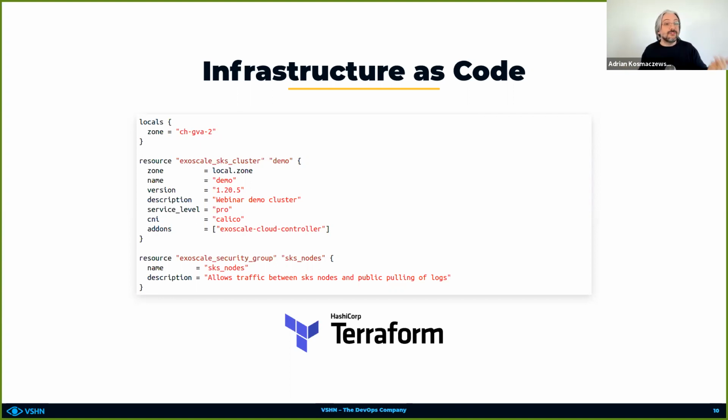As you can see, it's running in the Switzerland Geneva zone, and it's a cluster named demo, and there's a couple of security rules, and there's a node group, so basically we can have some virtual machines attached to the cluster, and everything is configured for us. But all of this is written in a text file. It's a very simple thing.